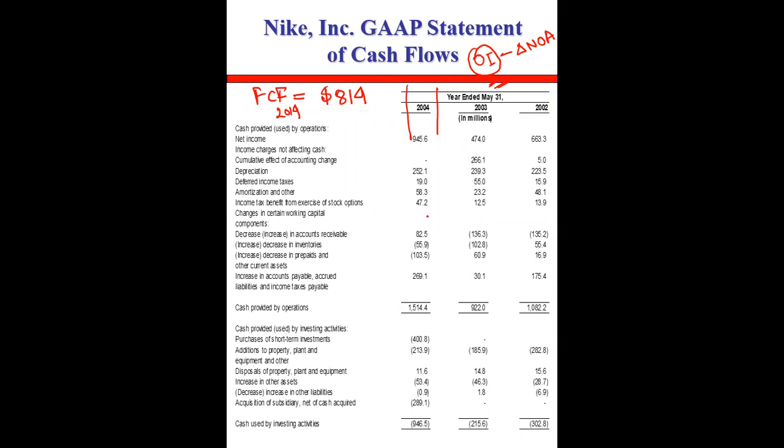From here, do you see any number which reflects the cash flow from operating activities? If you find the number, please write it down on the chat box. I'm waiting for your response.